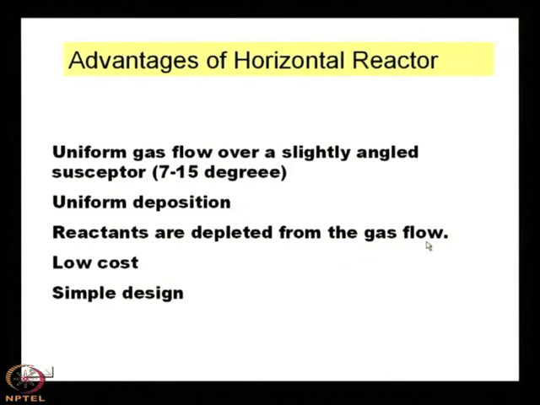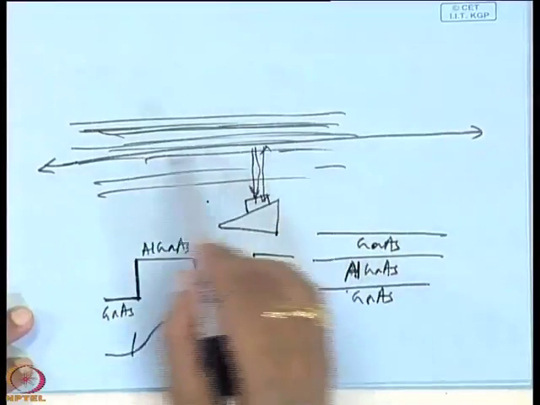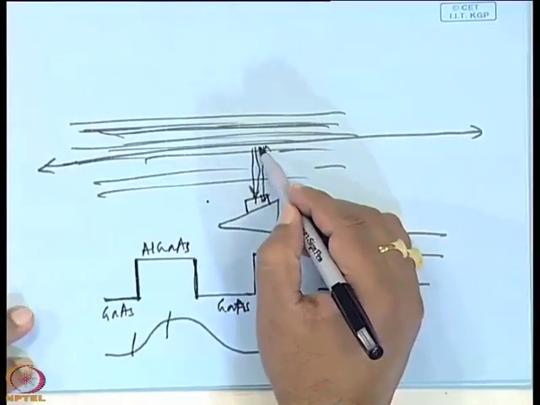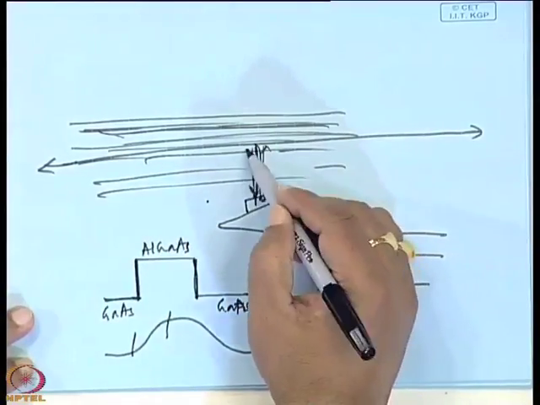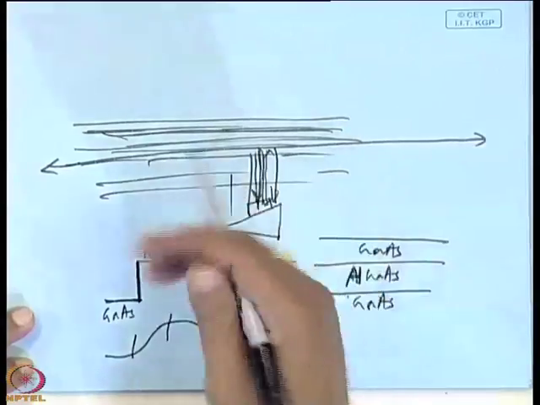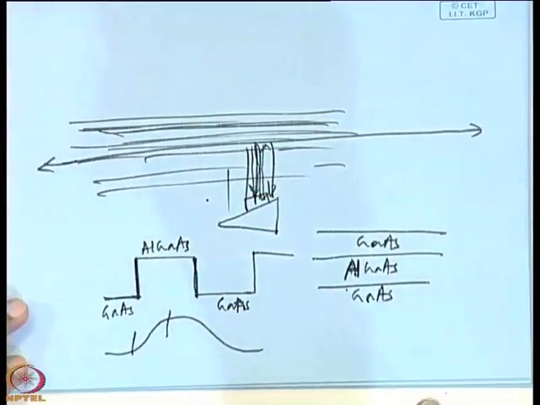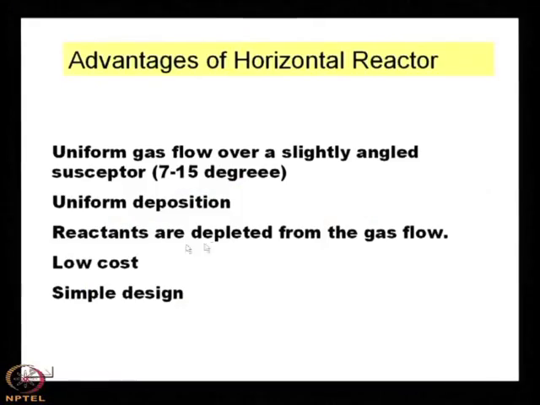See, this is the gas flow and the reactants are depleted, meaning they are diffusing to the substrate or to the susceptor surface, right. So, that is the meaning of this term, low cost, simple design, etc.